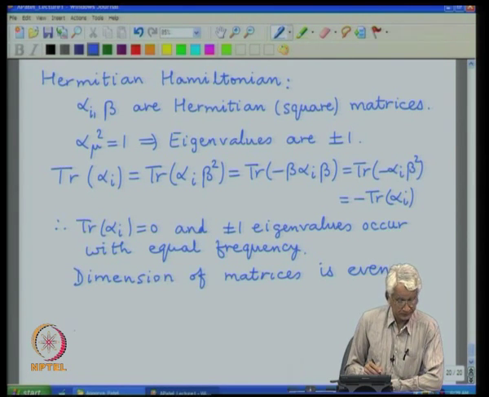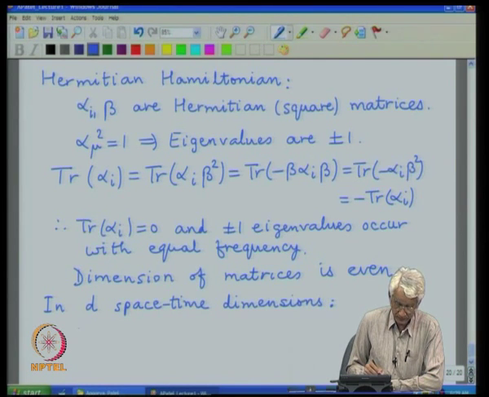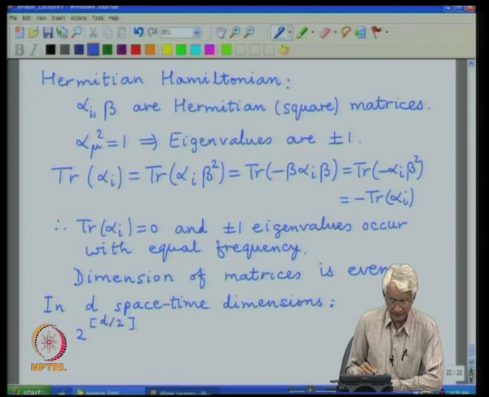So, in D space-time dimensions, the general result is 2 raised to D by 2, and the square brackets here mean the integer part of it.